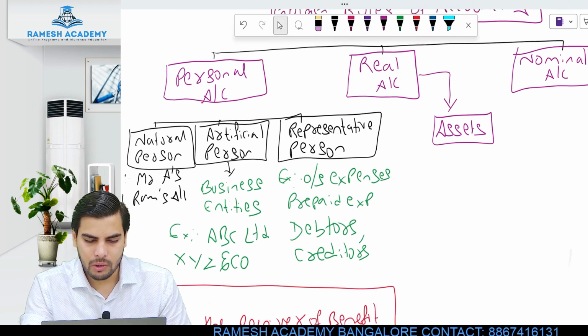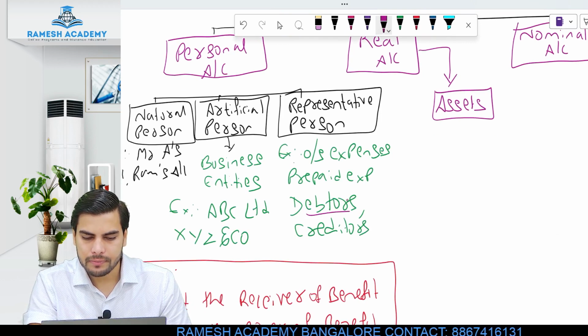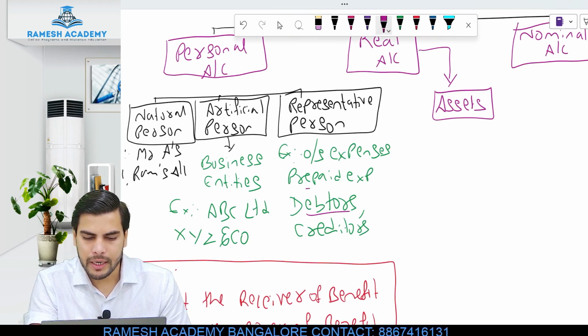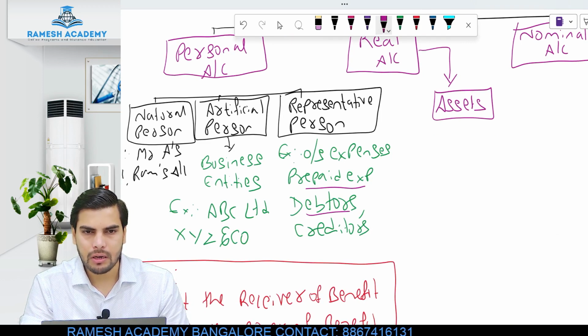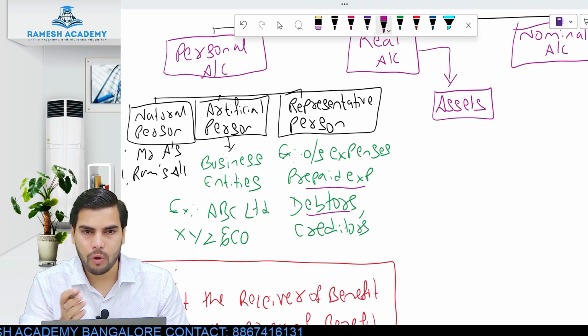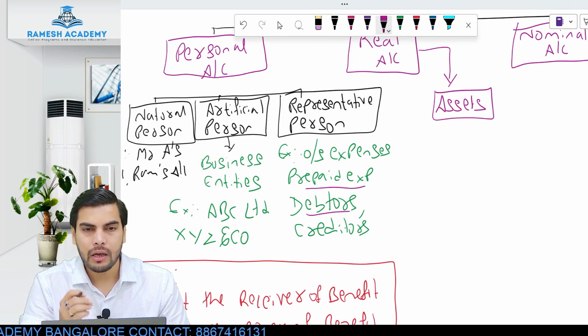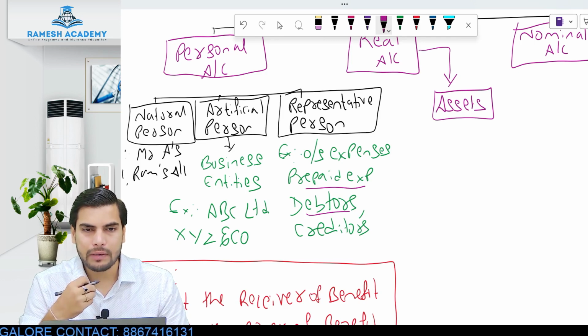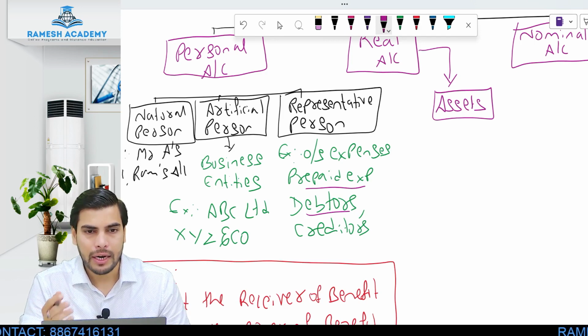For example, look at debtors. Don't you think debtors is our asset? Correct? Prepaid expenses, don't you think they are also our asset? But where do we classify them? We don't consider them as real account. Rather, we consider them as personal account. Bank account for that matter, always remember, although it is my money lying with the bank, it is not considered as real account. It is personal account.